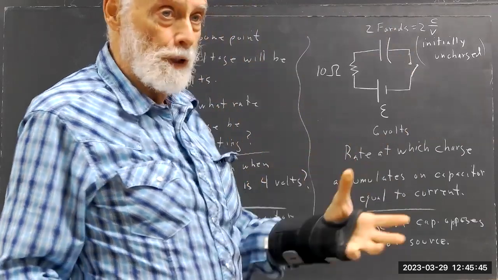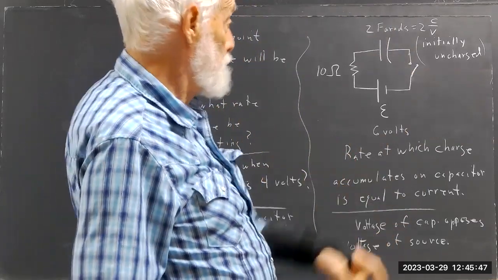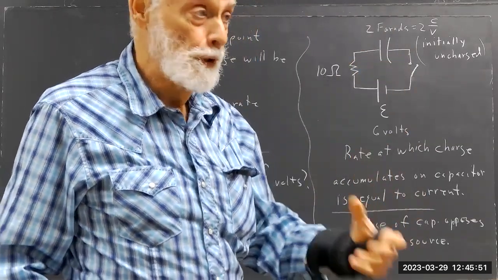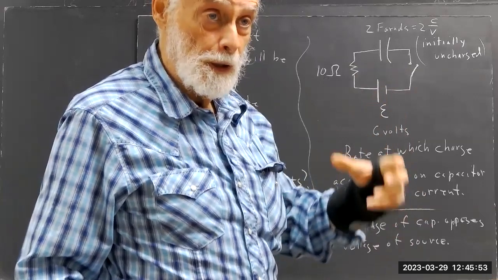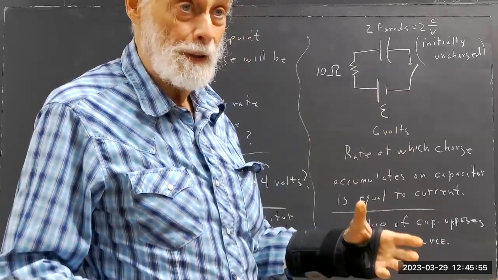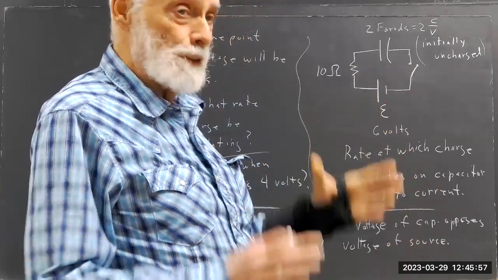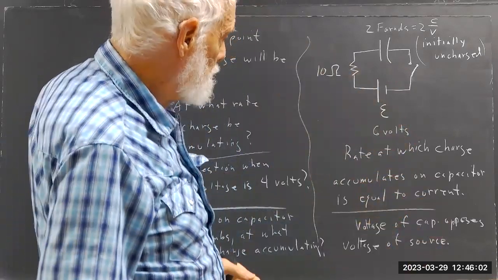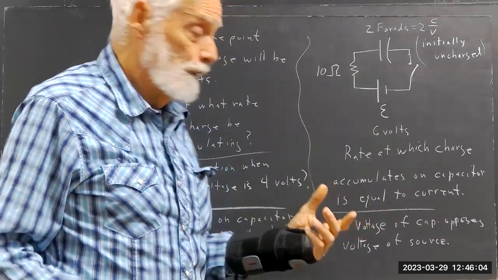So the rate at which charge accumulates is just the rate at which charge is being pulled from one plate and put on the other. It's the rate at which charge is accumulating on the capacitor. We understand that. It's not hard to understand, but you've got to keep thinking about it. You've got to think it through a few times before it comes to you. At least I did.